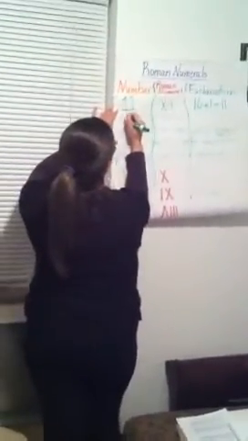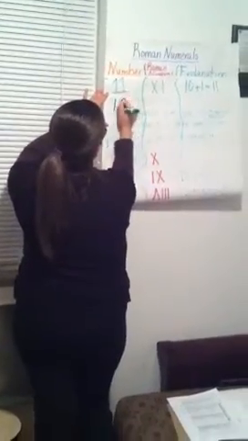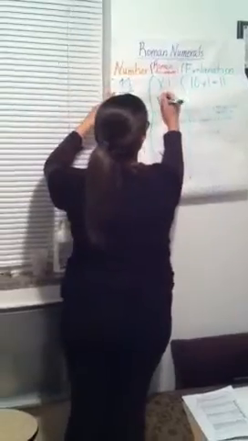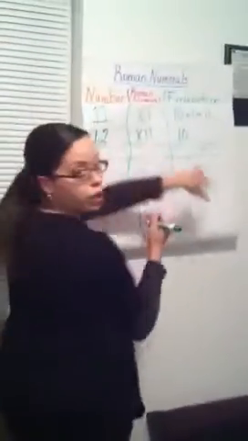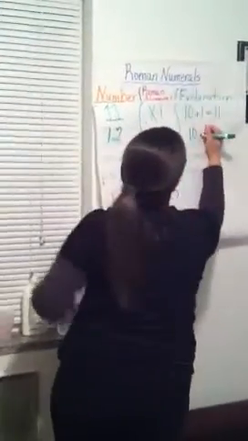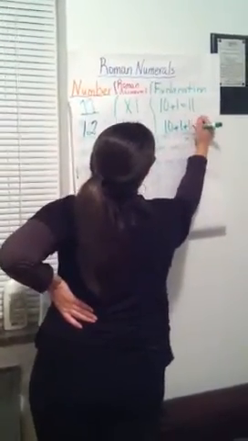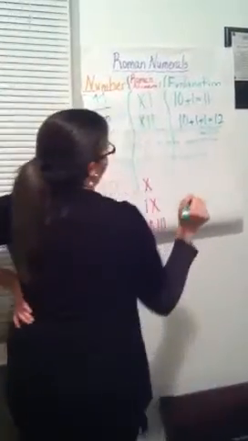For example, how would we write the number 12? XII, beautiful, because it's 10 plus 1 plus 1 equals 12.